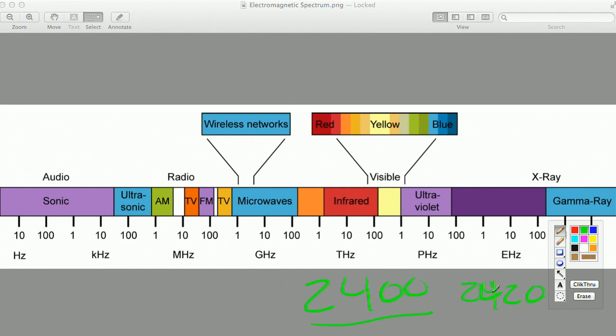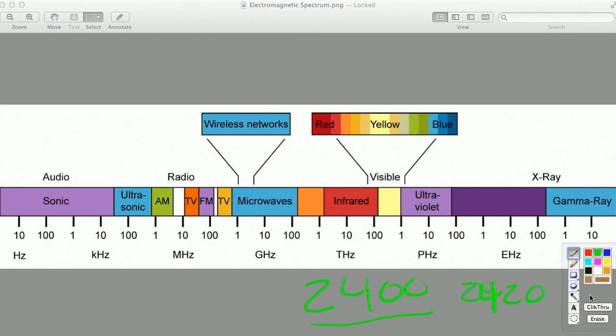Okay, that looks more like a Y than it does a 4. But that's what we're talking about when we talk about bandwidth: how wide is a particular frequency spectrum.